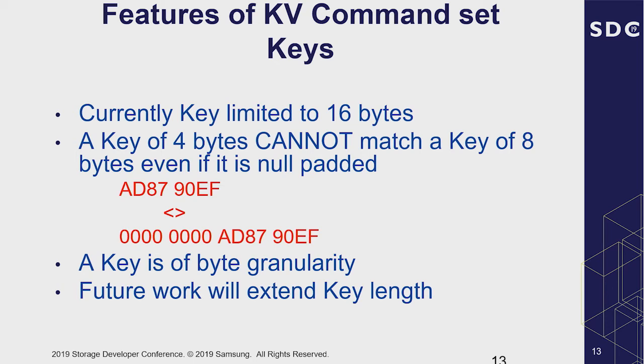When I retrieve things like the list, they're not necessarily going to be ordered by the length of the keys or any other structure. They could be. That's a vendor-specific implementation of how they store that information. So you may get a list that has a 4-byte key, a 6-byte key, an 8-byte key, another 4-byte key, and so forth in that list structure.